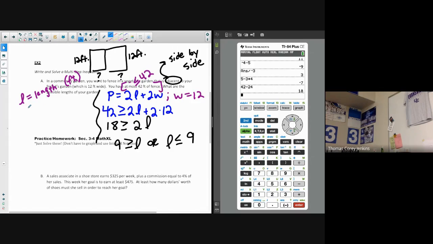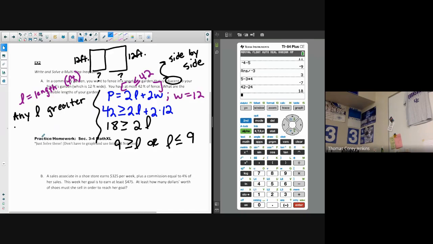So we can say any length, or any L, greater than 0 feet and less than or equal to 9 feet.